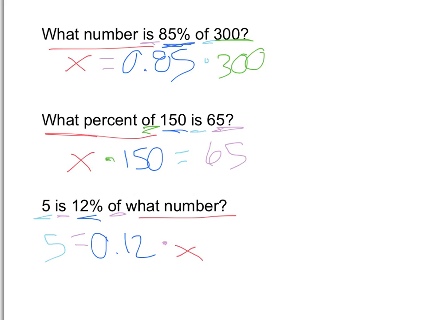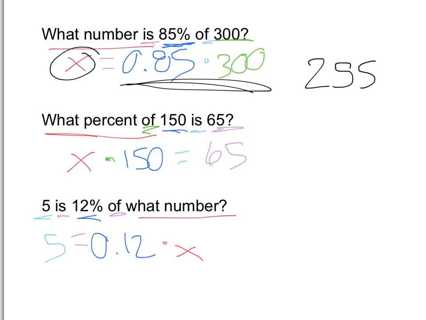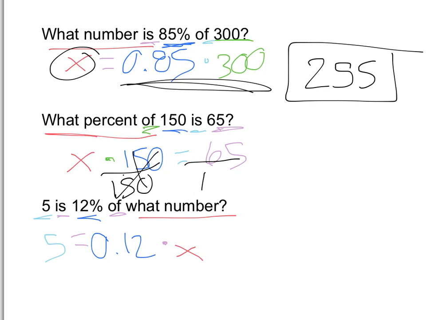Now if we go through and solve these all, this one, x is already by itself, so all you have to do is multiply this side of the equation. So we're going to take 0.85 times 300. So the first one you should have gotten 255. The middle one, x has something next to it, so we need to get rid of that. So we divide both sides by 150. So we're taking 65 divided by 150, and we get this number, and it keeps repeating.